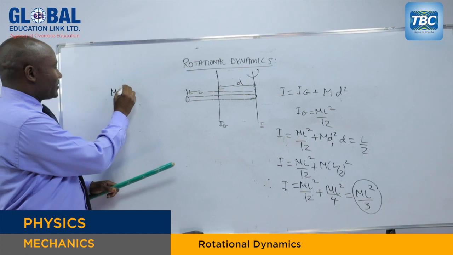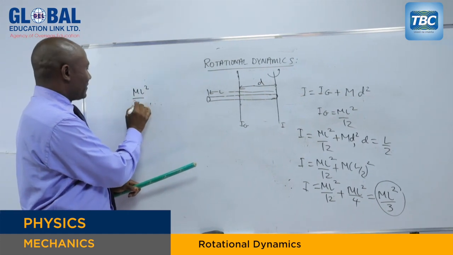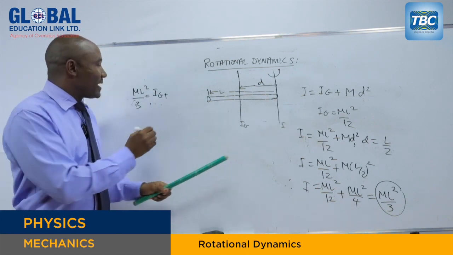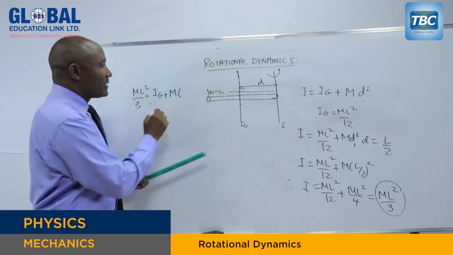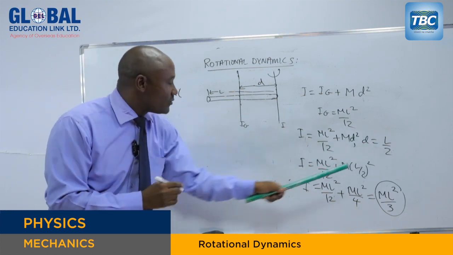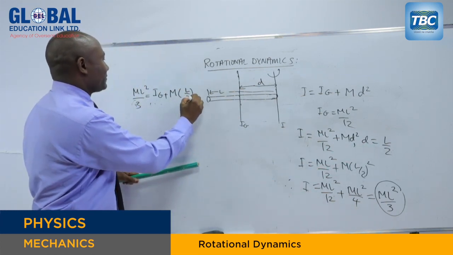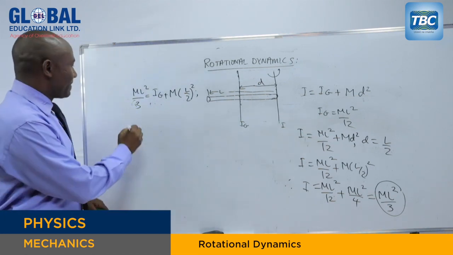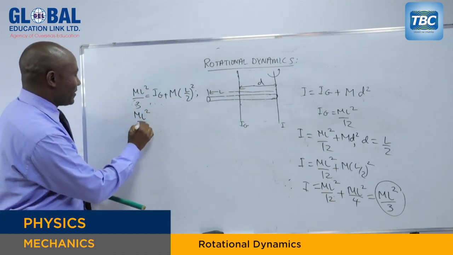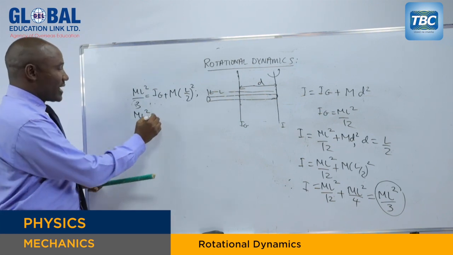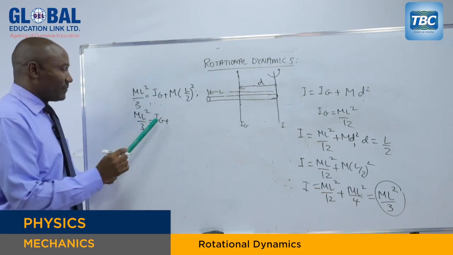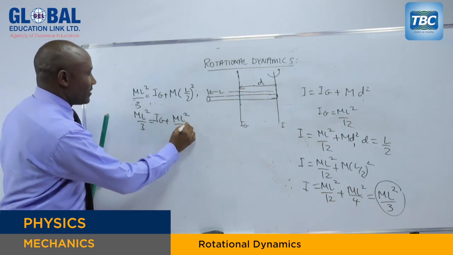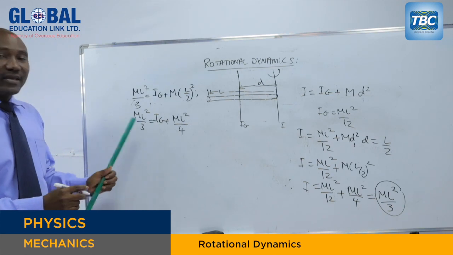mL squared over 3 equals Ig, assuming that we don't have this, plus our distance here, which is L over 2. The question is, are you getting the same answer? Let's check. mL squared over 3 equals Ig plus mL squared over 4, making Ig the subject.